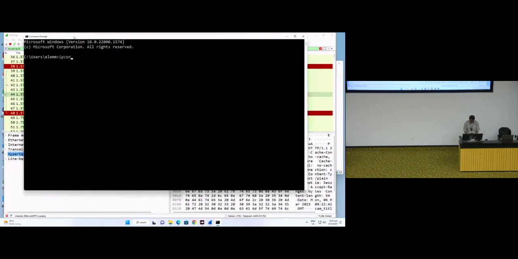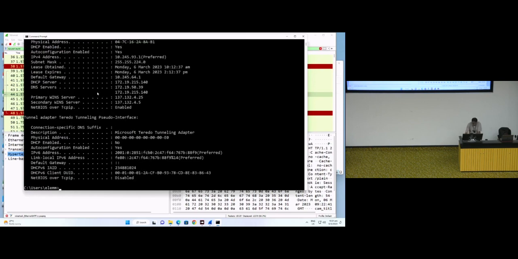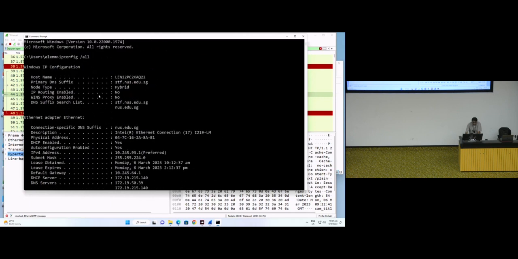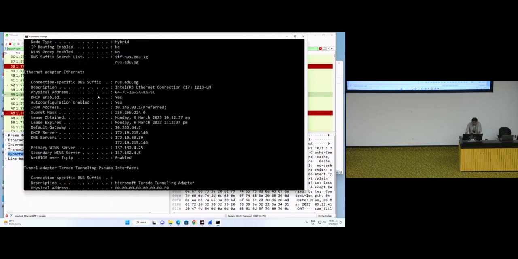So I'm doing ipconfig/all. This shows me all of the network interfaces, and this is my Ethernet here. And if you look at my IP address, my IPv4 is 10.245.93.1.